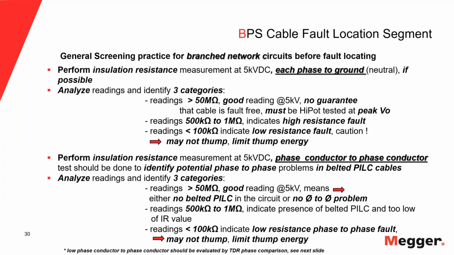If we have, let's say, in the extreme case, a dead short, we would have no resistance, which normally doesn't happen. The lowest I ever saw was about 500 ohms. So that's low, okay? But if you have a high reading, that means you have a good chance to get a flashing fault. The same things apply if you have a really low resistance fault.